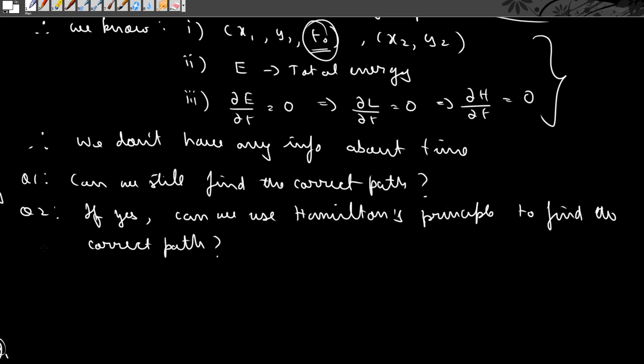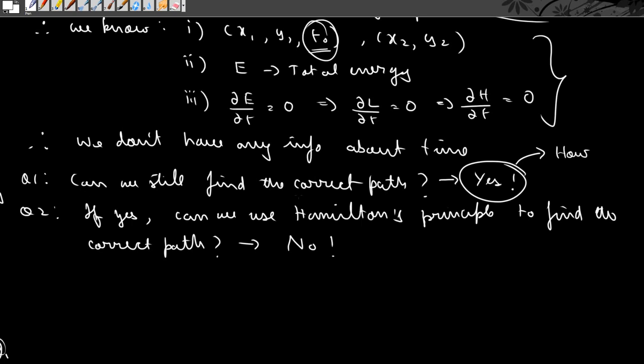Before I explain the reasons for the answer to these questions, I'm just going to give away the answer for now and slowly come up with the reason. The answer to the first question is yes. And the answer to the second question is surprisingly no. When I say yes, you might wonder, how is this answer yes?